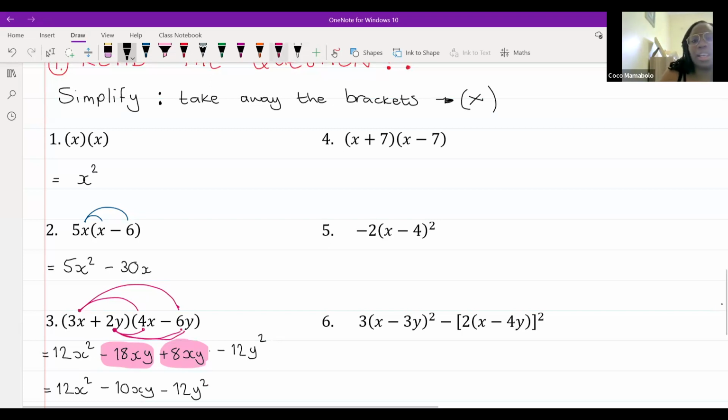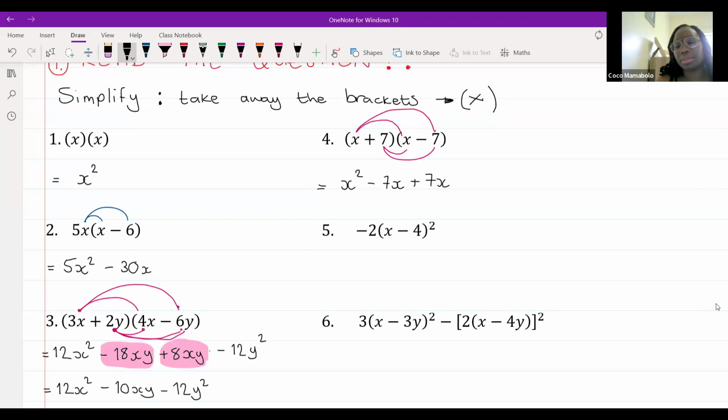All right. Again, over here, we've got FOIL. So we're going to do first with first, and then outer with outer, and then inner with inner, and last with last. So x times x is going to give us x squared. x times negative 7 will give us negative 7x. 7 times x will give us positive 7x.